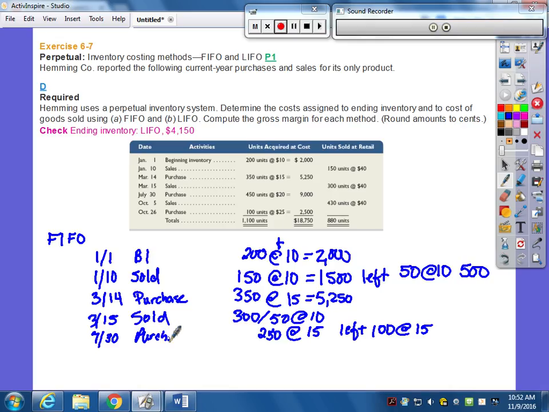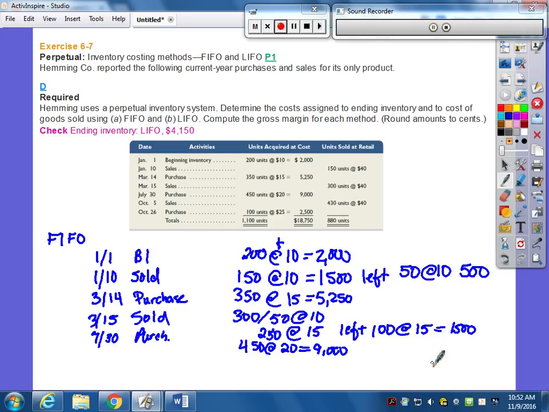They purchased 450 units at $20, which makes it worth 9,000. And these 100 units at $15, how much is the inventory worth? So 1,500 plus that 9,000.